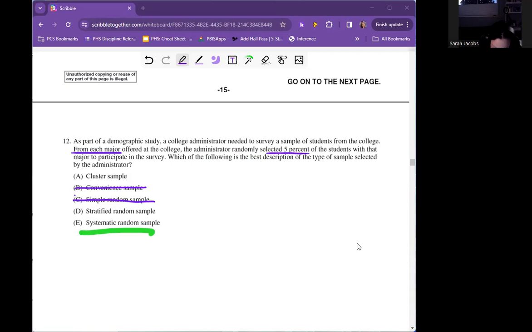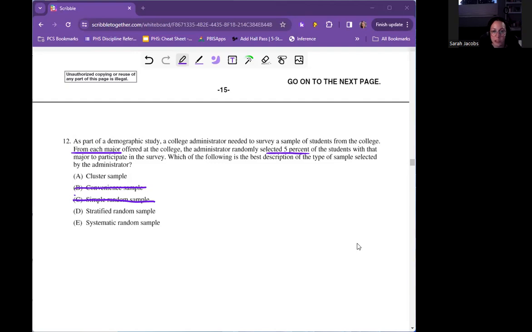Next, I want to look at systematic random sample because it's the least similar. A systematic random sample, again, is you want to survey X% of a group. So you figure out basically how many you need, and then you survey every 5th person, right?